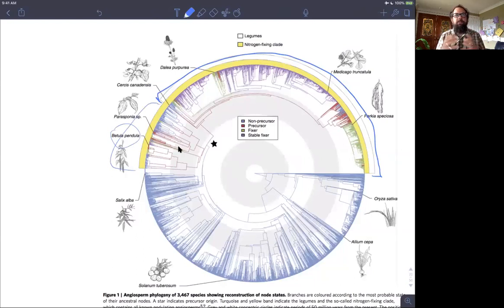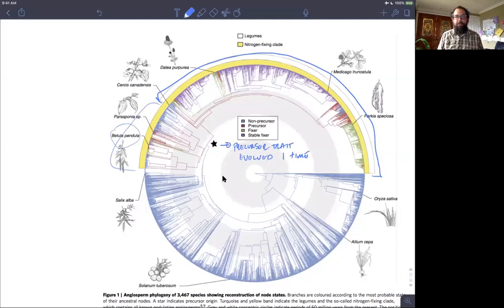What these guys found, using some comparative methods comparing the rate of the gains and losses of these traits, is that the most likely scenario is that there is a precursor trait. They don't know what that trait is. That evolved once.